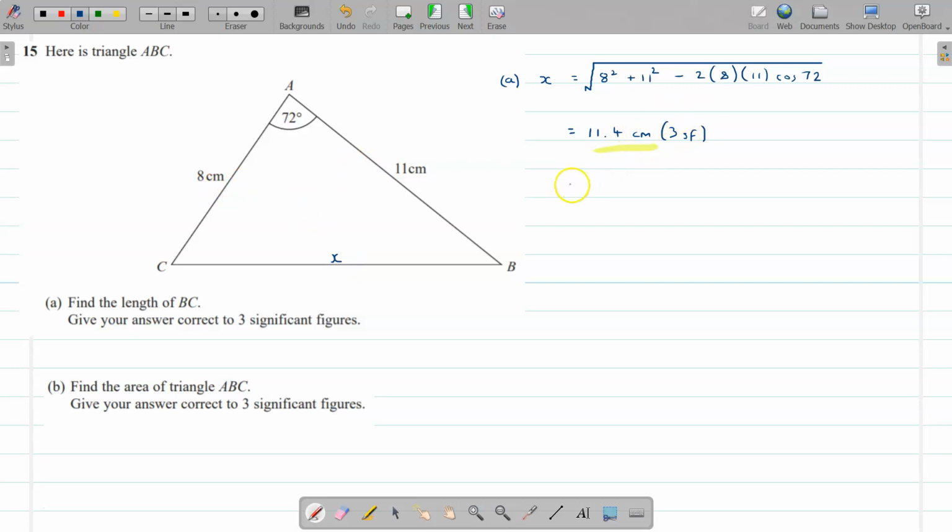So we just say that the area is a half of 8 times 11 times the sine of 72. On the calculator, that comes to 41.8 centimeters squared to 3 significant figures. That's it. Really quite straightforward.